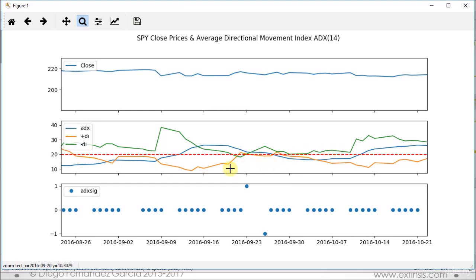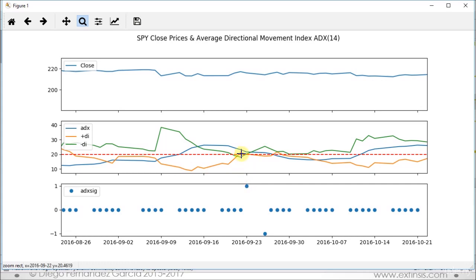So for example here, we clearly see the positive directional index, which is the orange line, going from below to above the green one, which is the negative, and this is confirmed by the blue one being above 20. Therefore, we have this corresponding buy signal being implemented 1 day later.